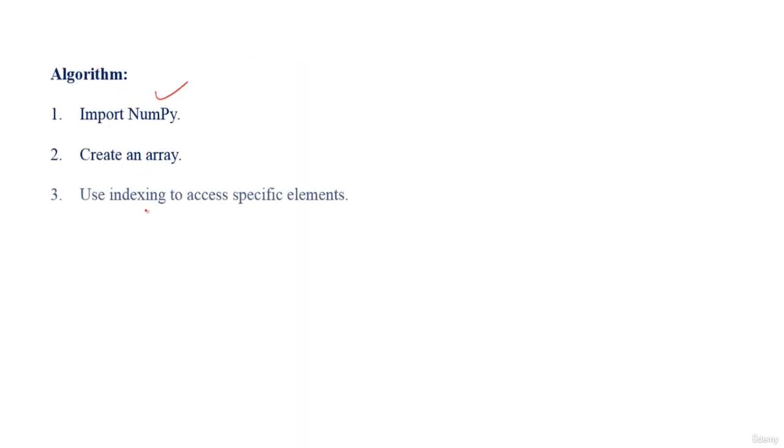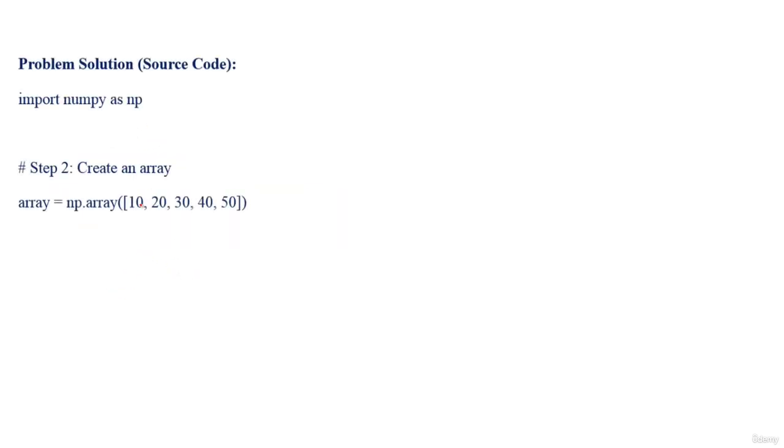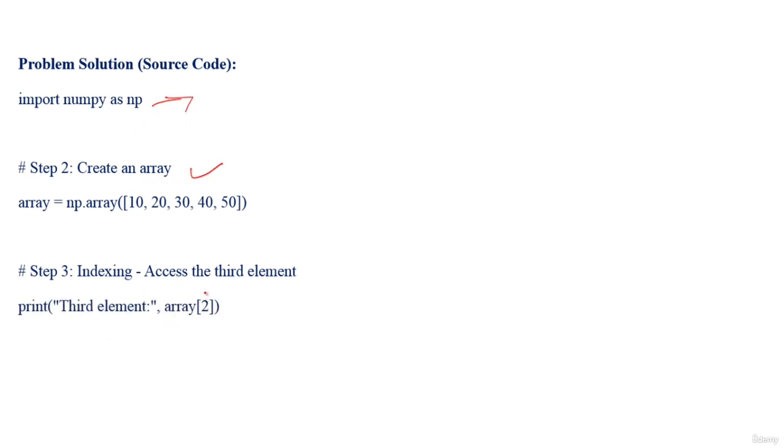So this is the instruction. Algorithm: first of all, same, import NumPy, create an array, use indexing to access specific elements. Also you have to use slicing. So this is a solution. In step 1, importing NumPy, creating an array, this is actually indexing. The third element will be shown. Slicing means that from index 1 to 4 elements will be shown.